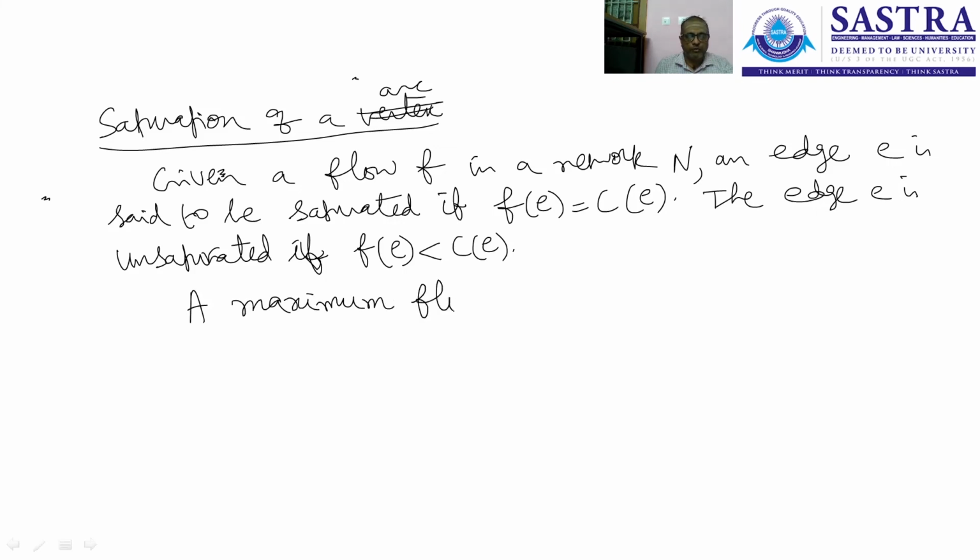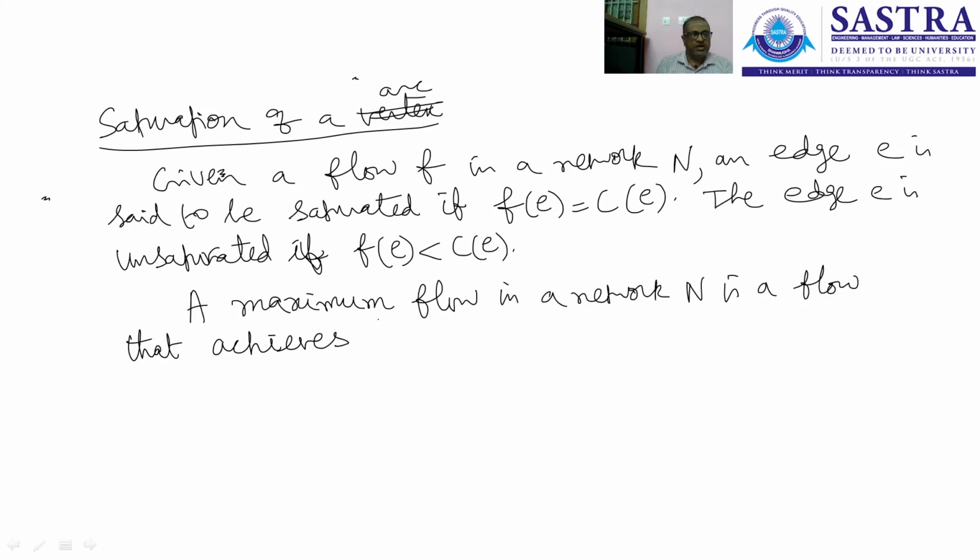A maximum flow in a network N is a flow that achieves the largest possible value.